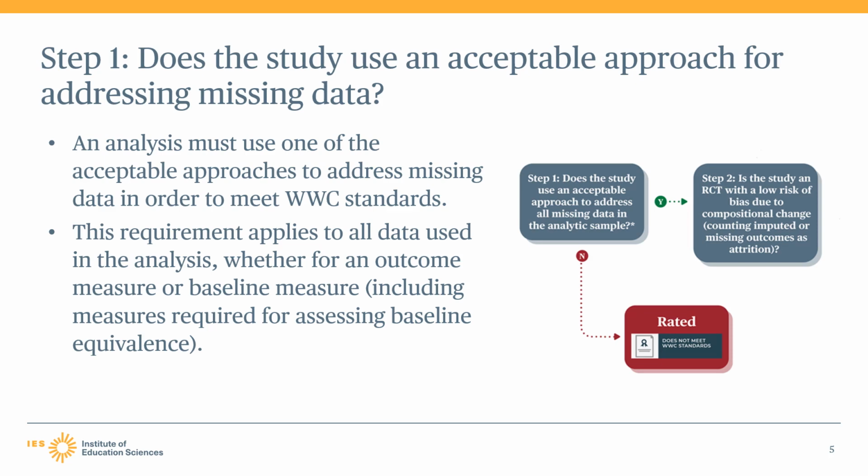The study authors must use an acceptable approach to address missing data to be eligible for the research ratings of meets WWC standards without reservations or meets WWC standards with reservations. This requirement applies to all data used in the analysis, whether for an outcome measure or a baseline measure, including any baseline measures required for assessing baseline equivalence.